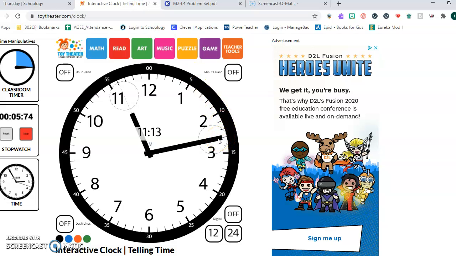So here we go, 13. 1 10 ahead is 23, 2 10s is 33, 3 10s is 43, 4 10s is 53, and then I have to go 5 more. 1, 2, 3, 4, 5. That's 45 whole minutes ahead of 11:13. It is 11:58.